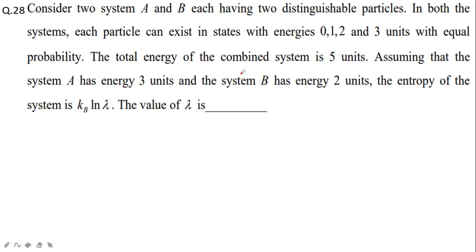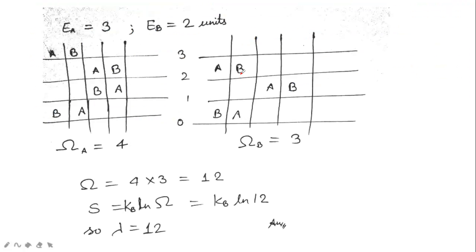The total energy of the combined system is 5 units. Assuming that system A has 3 energy units and B has 2 energy units. So to make system A 3 units, we will fill the particles like this. There are 4 ways to fill this. And to get the energy 2 units, it means up to this level.